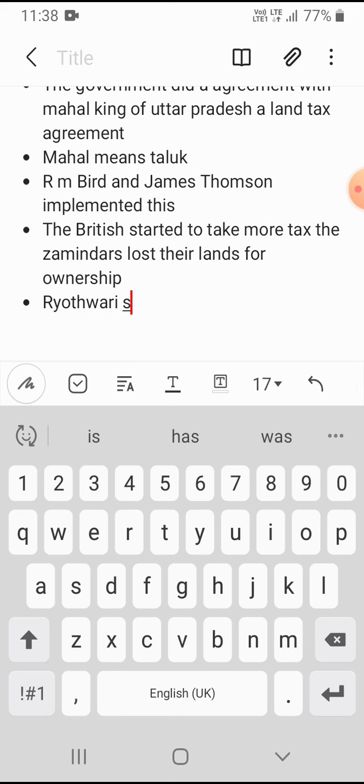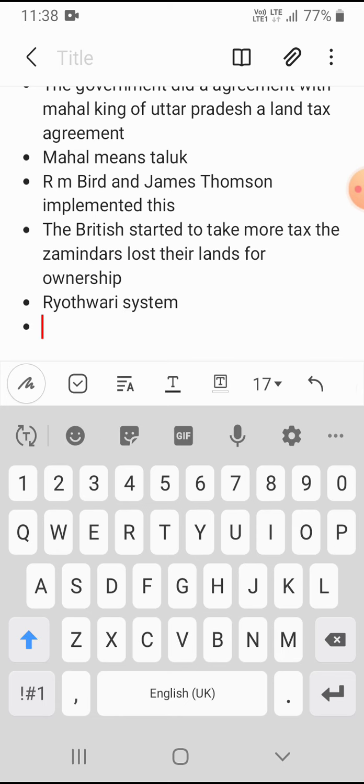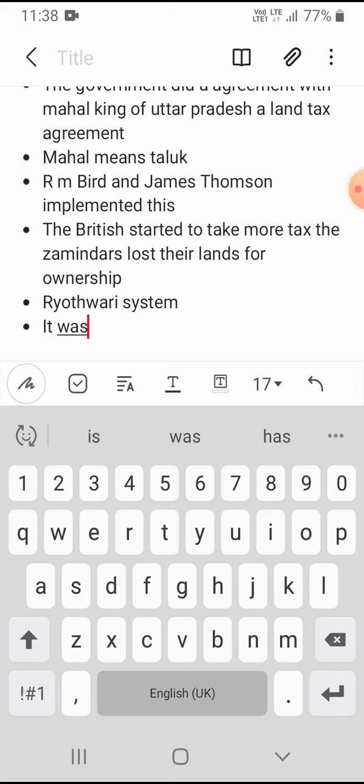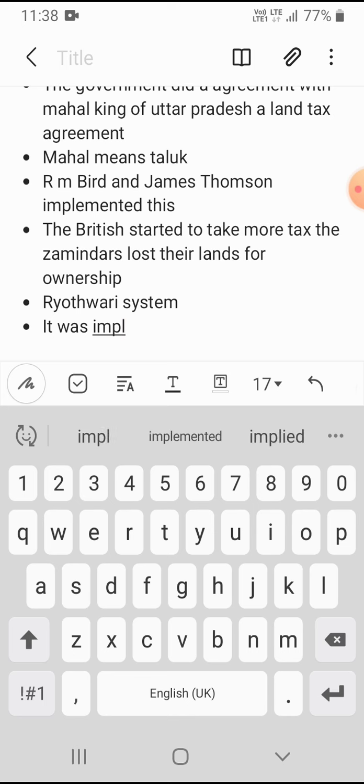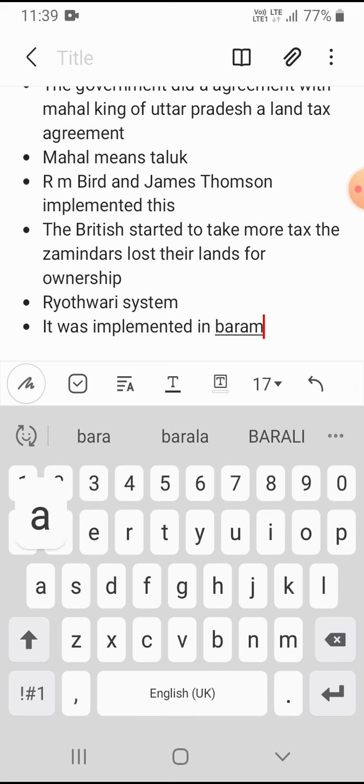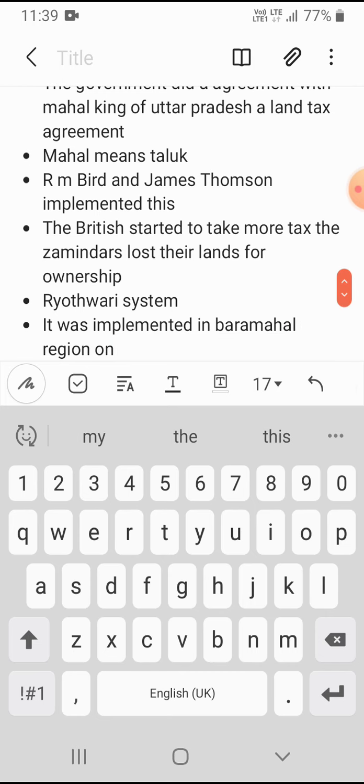Ryotwari system. It was implemented in the Baramahal region in 1792.